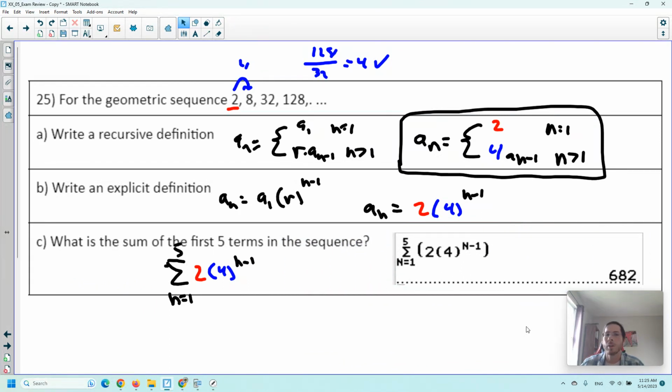So if we do want to add them all up by hand, I do need to figure out what 128 times 4 is. 128 times 4 is 512. That makes sense. Think about computers. You get 512. All right. So if we add them up, 2 plus 8 is 10.